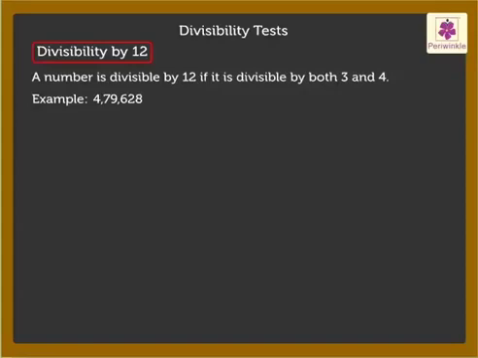Here, by adding the digits 4 plus 7 plus 9 plus 6 plus 2 plus 8, we get the sum as 36. 36 is divisible by 3.